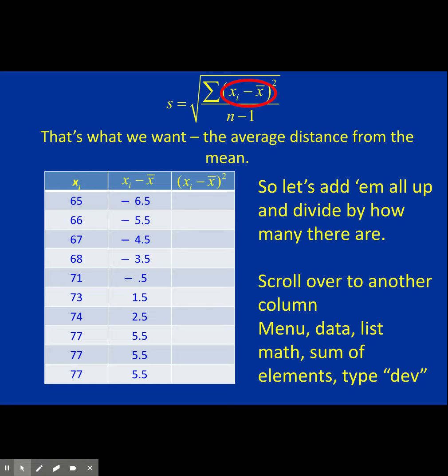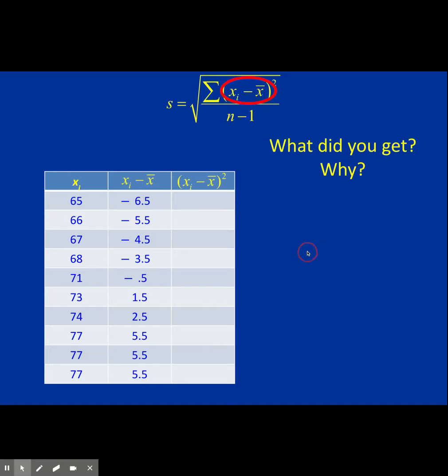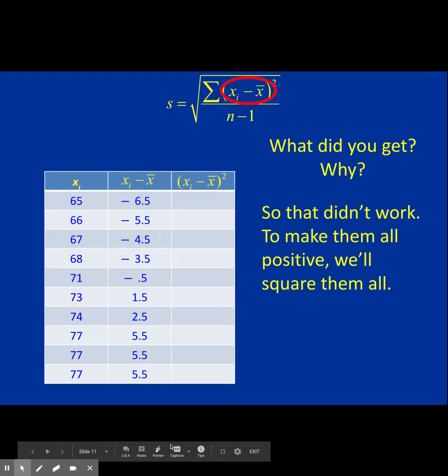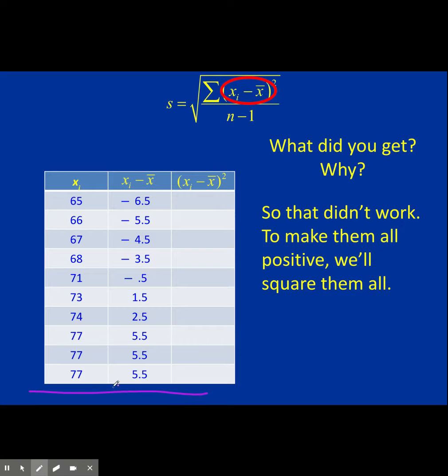So if you do that, and you actually add all of those things, what happens is you end up getting 0. If you add all of these values together, what ends up happening is that you get a big fat 0, okay?